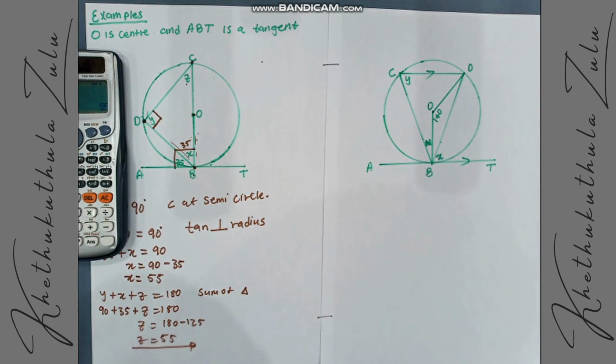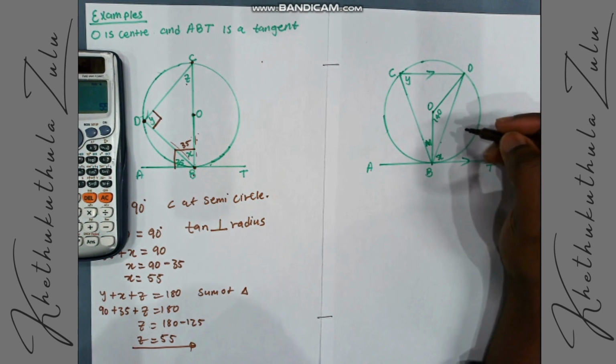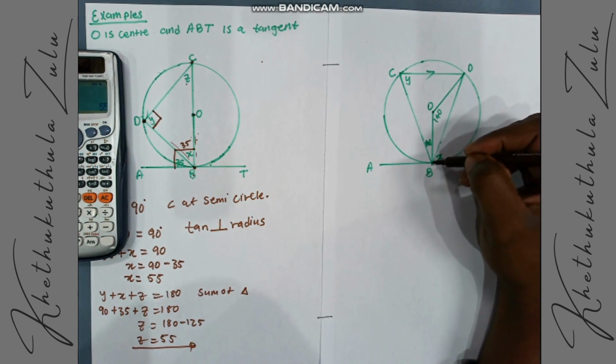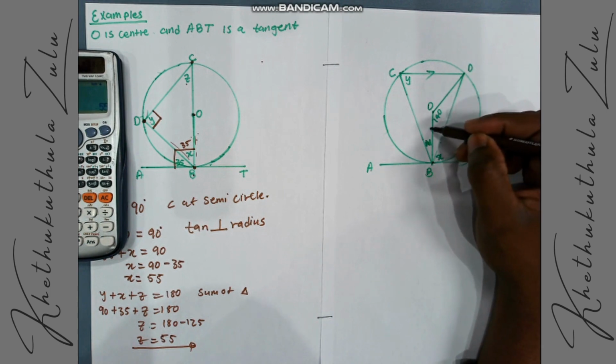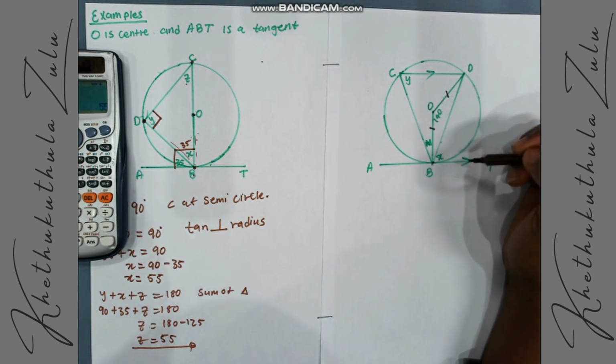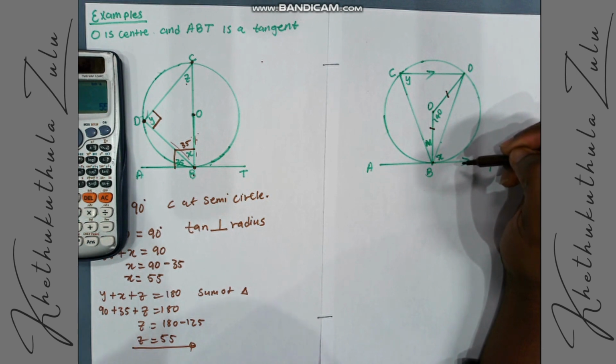Then coming to this one now, where we still have the same statement, O is a center. If O is a center, we must have radius there. And O is a center, then OB, the radius, OD is the radius, meaning this one is equal to this one. I hope you still see that one.